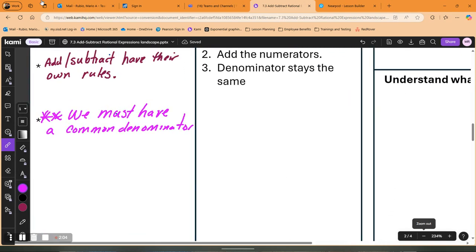What does that mean? Well, let's take a look at some examples. 1/2 plus 1/2. The denominator must be the same in both terms. If you have more than one term, all the terms have to have the same denominator.